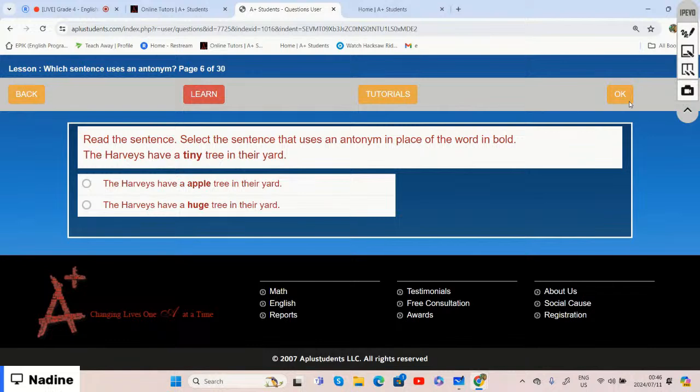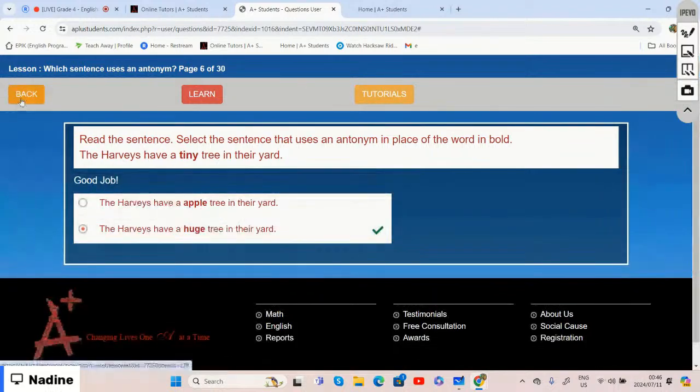So if we are going to choose the opposite of tiny, if something is not tiny, then it is huge. Well done. Huge is correct.